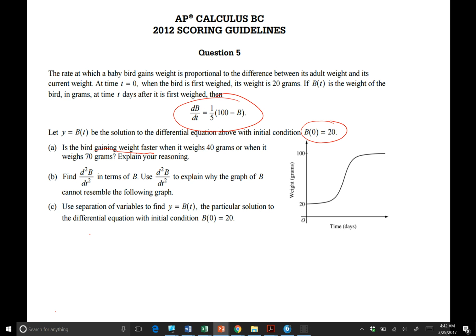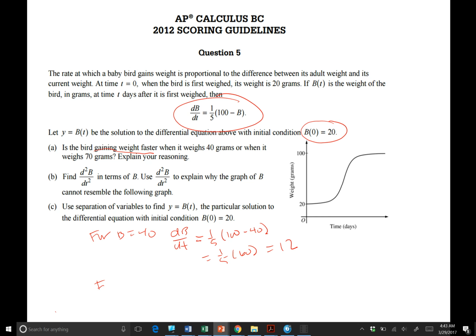So for when b equals 40, we do dB/dt equals 1/5 times (100 minus 40), which would be 1/5 times 60, which equals 12.